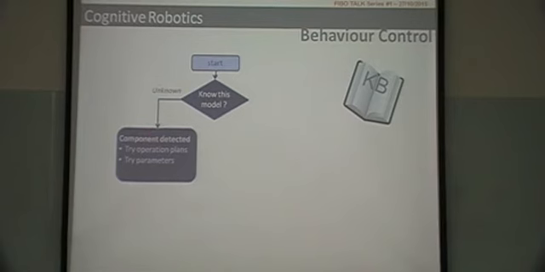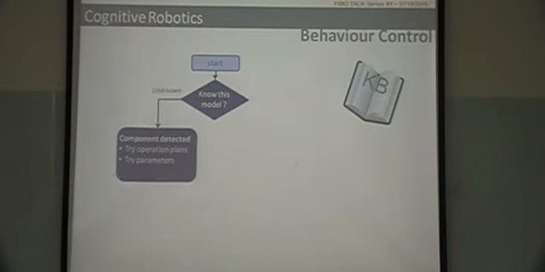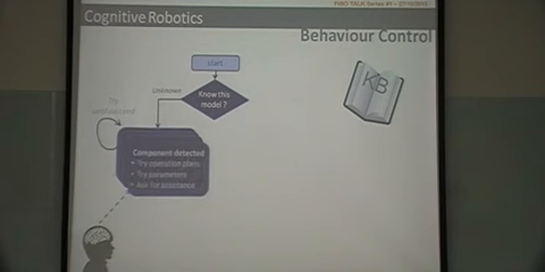Try to operate, reason about it, and try until it succeeds. If it succeeds, then try to detect each component and remove them one by one. Remove the circuit board, remove the LCD module, remove the cover, whatever. And then you fix them one by one, and after that you learn something.